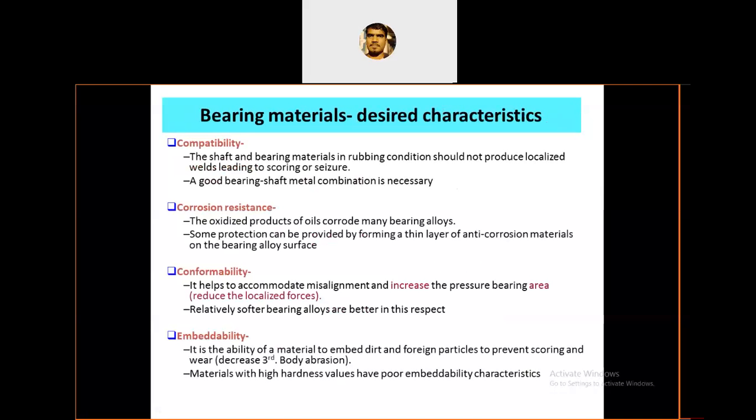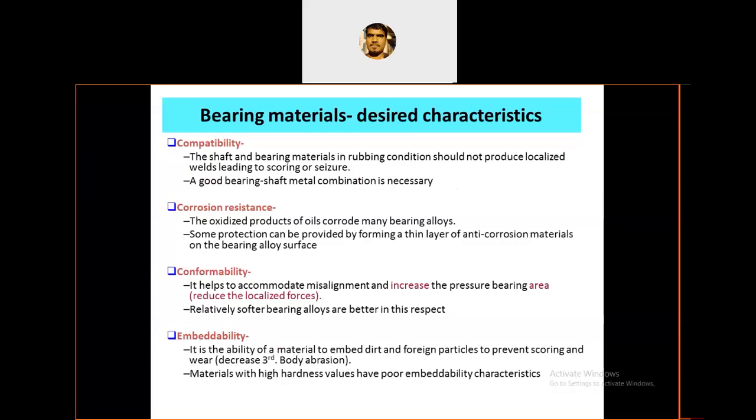What happens if one surface welds over another surface? It ceases the operation. Clear? If the journal welds over the bearing surface, what happens? It stops the rotation. Correct? The shaft should always rotate. If it is welded to another surface, it will stop the motion. Motion stops means it will cease the operation. Clear? So it should have very high compatibility.